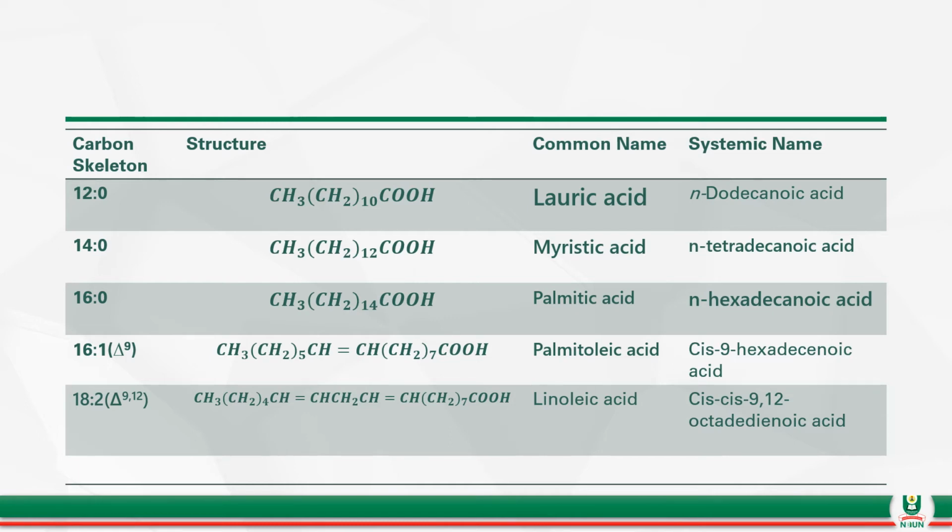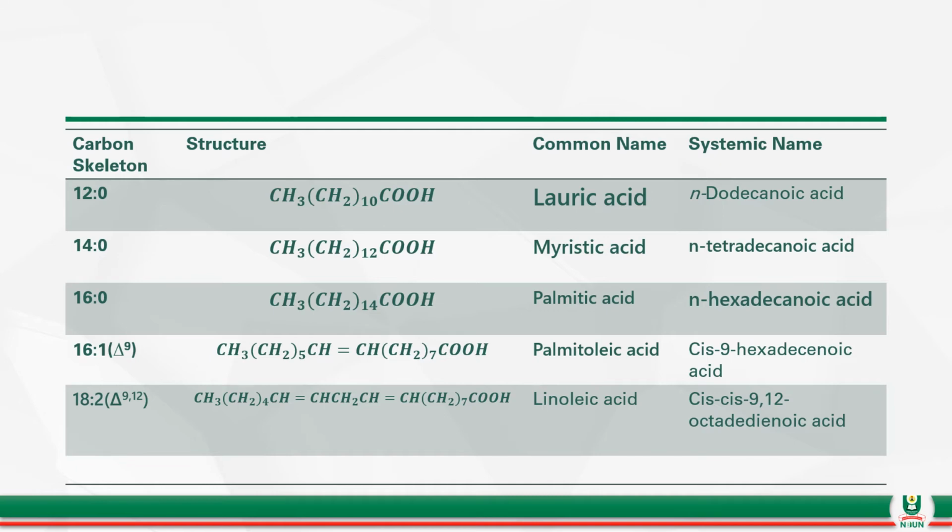We are no longer dealing with deca. Now it's enoic. If you can remember from alkenes, now we are telling you that it has double bonds. This one had no double bond; that was why they were deca. This one is hexadecenoic acid. The next one we have is 18:2 delta 9,12.